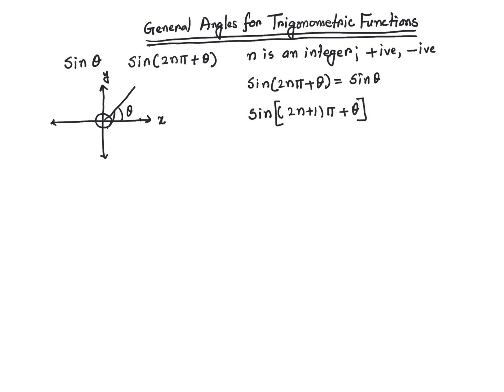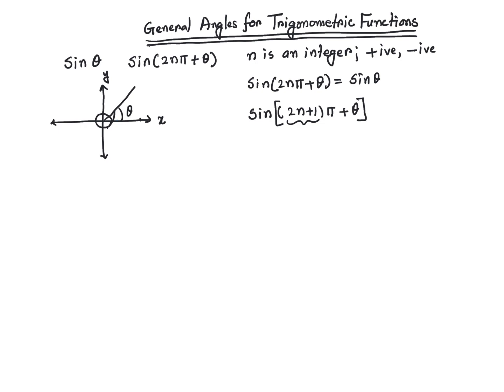What it does is basically ensure that this is an odd integer. It could be positive or negative, right?